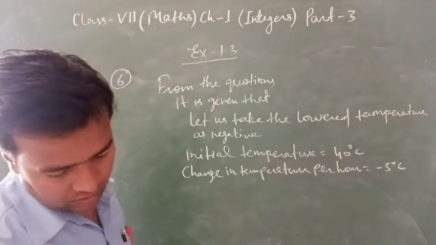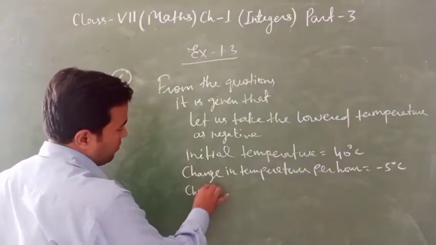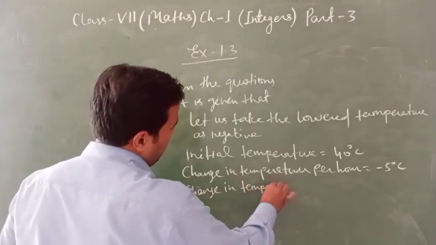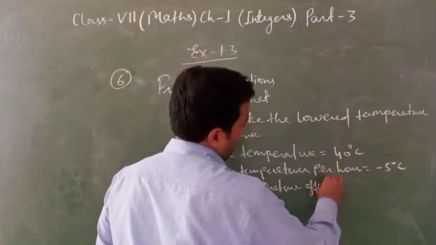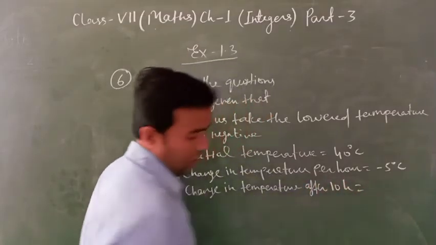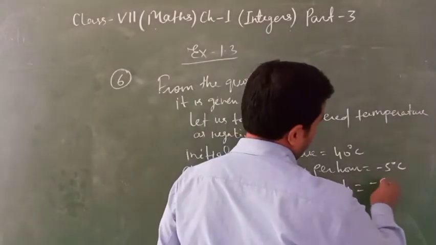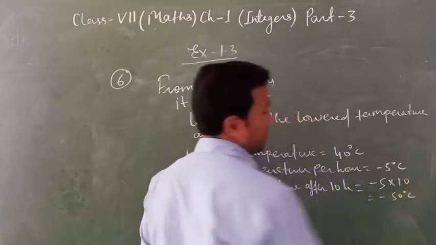Okay, then change in temperature after 10 hours: 10 into 5 equals minus 50 degrees Celsius.